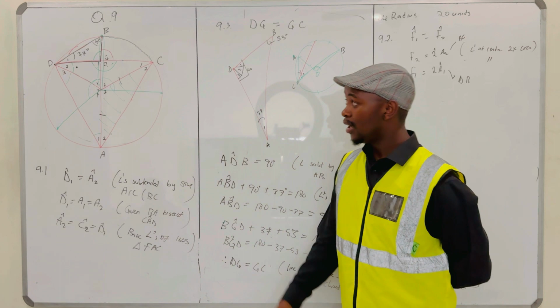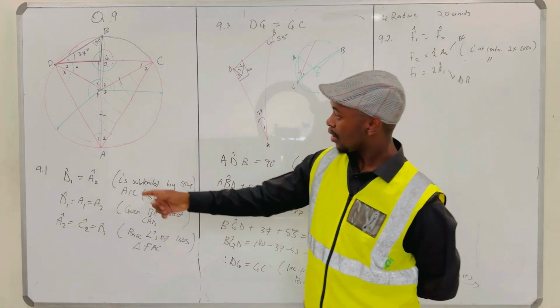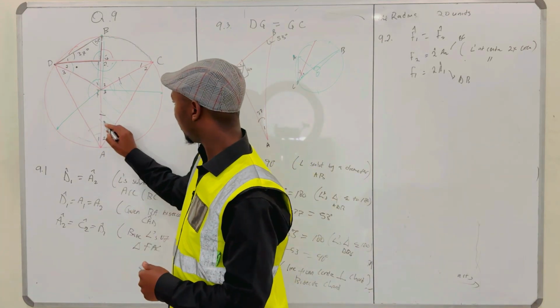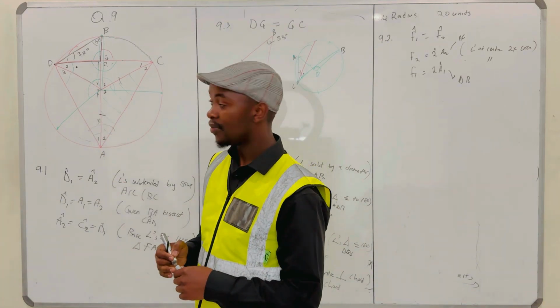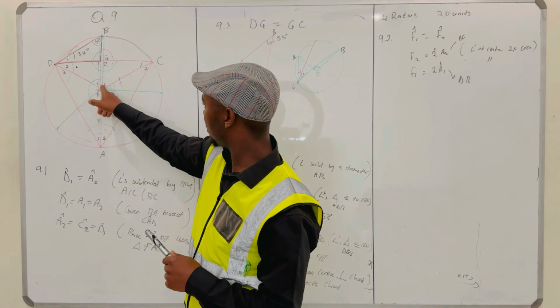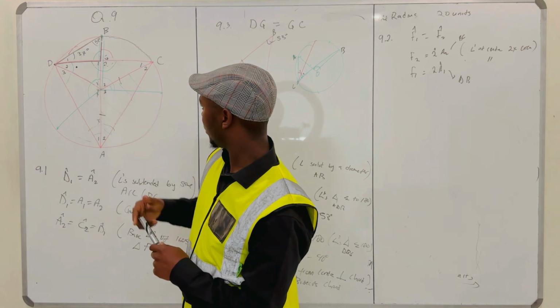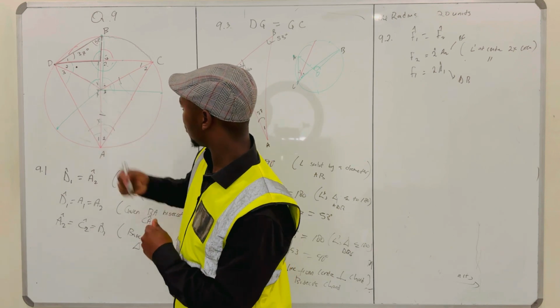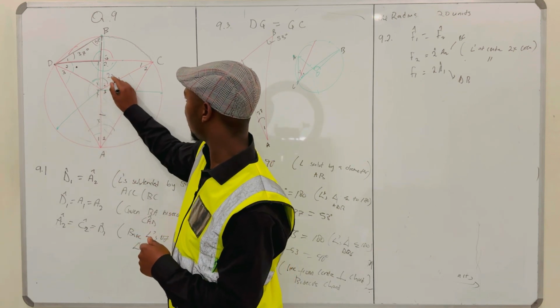That is correct. Another approach would be that having these two angles, let's say angle X, we have just mentioned that this angle is half this one, which makes this one 2x.